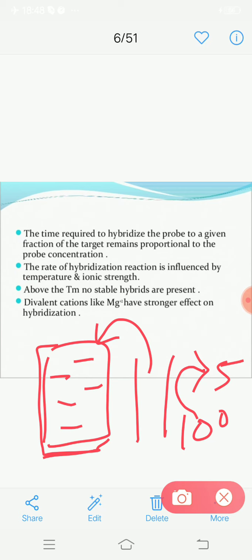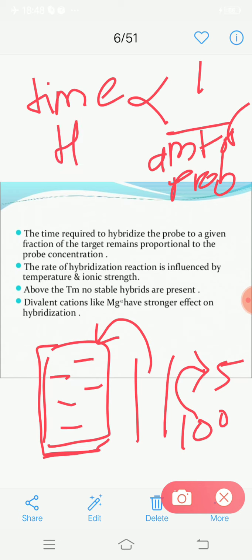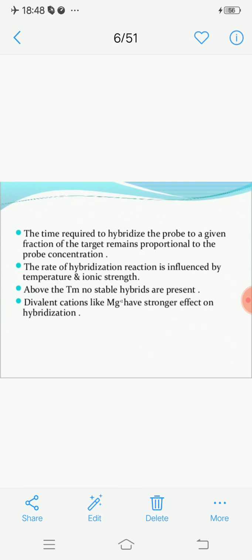So inversely proportional. The time required for this probing or hybridization is inversely proportional to the amount of probe. Yes, the rate of this hybridization is also influenced by the temperature and the ionic strength.